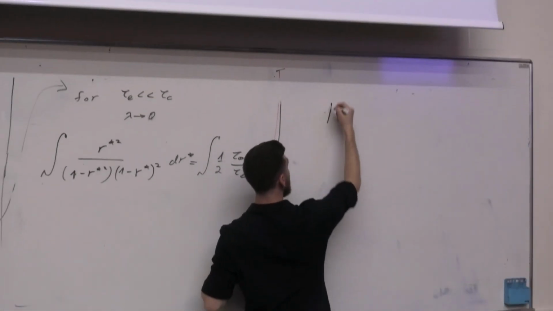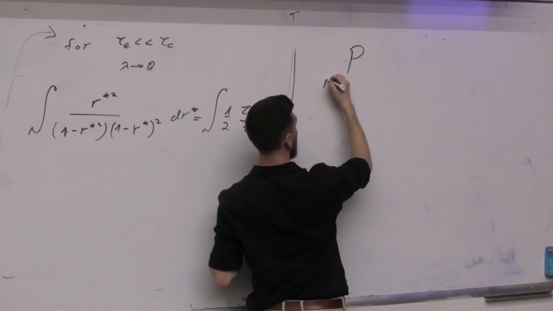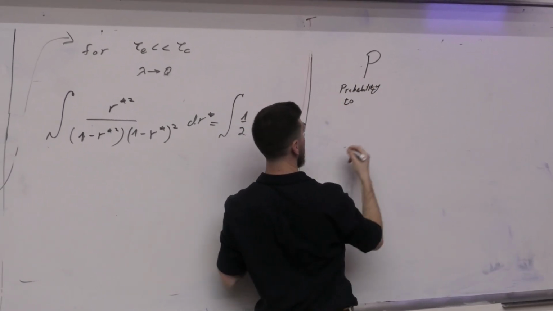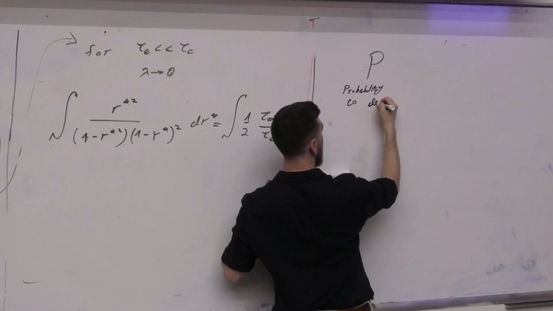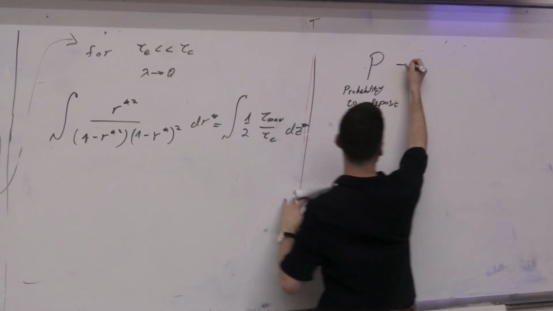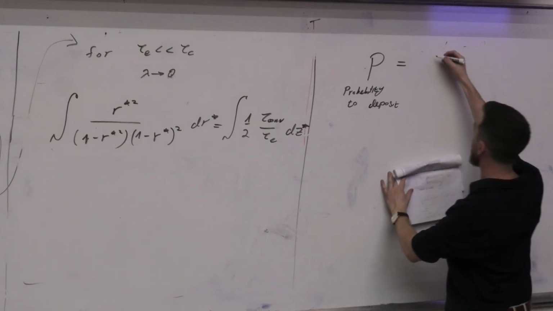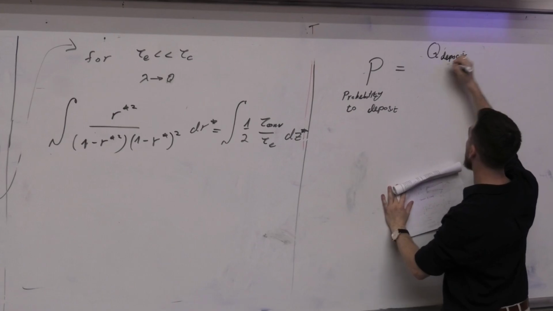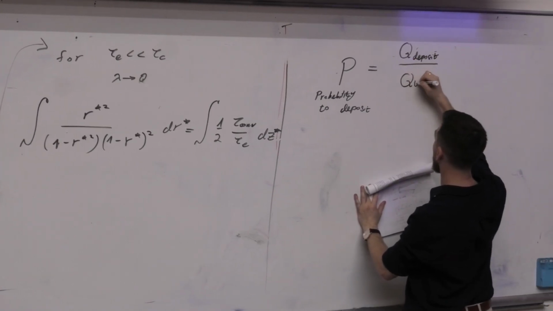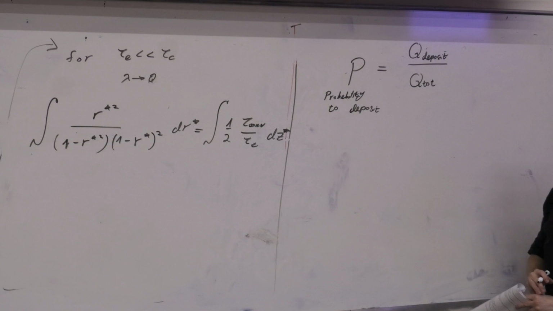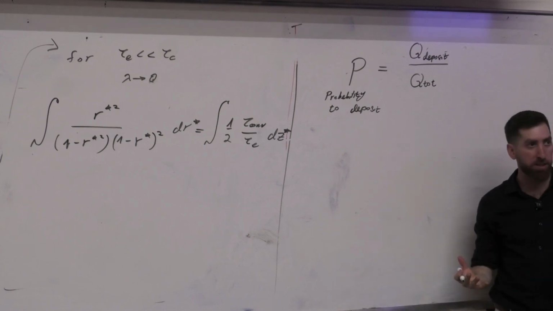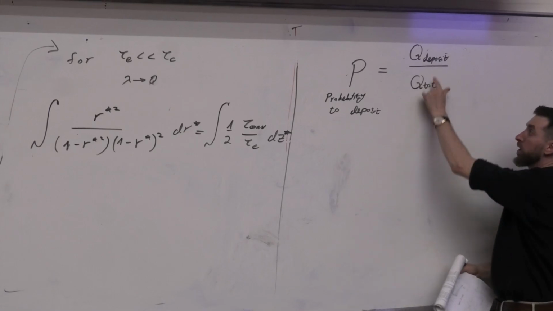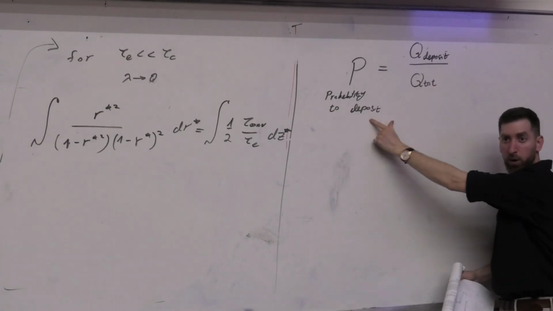So actually the probability to deposit is the flow rate that's going to deposit versus the total flow rate, right? Because the particles are suspended in the air, right? So this ratio is what's going to tell me what are the odds they're going to deposit or not deposit.